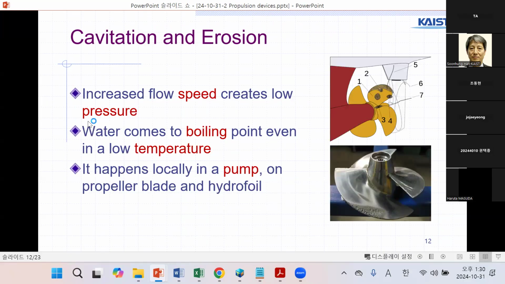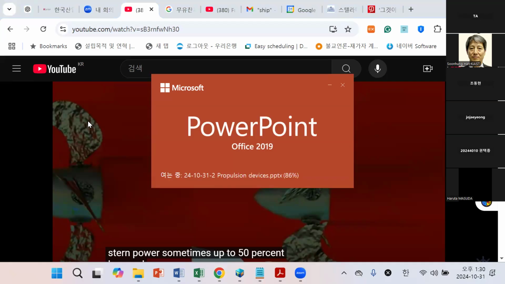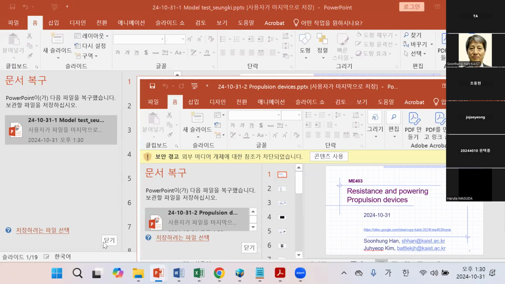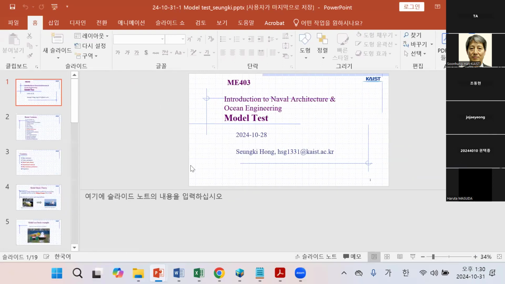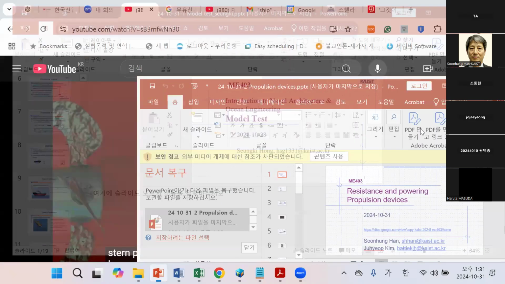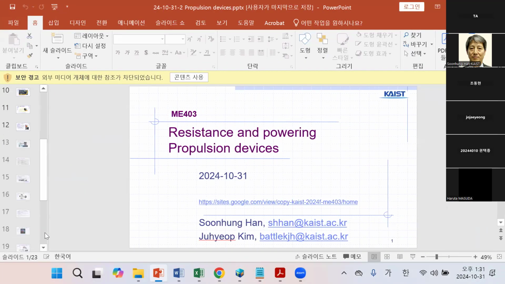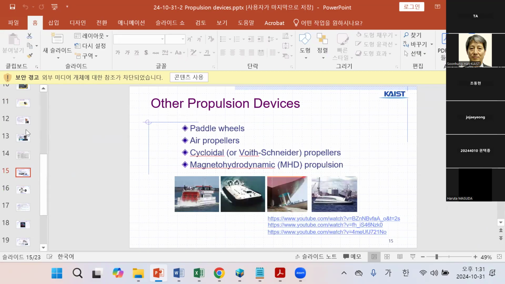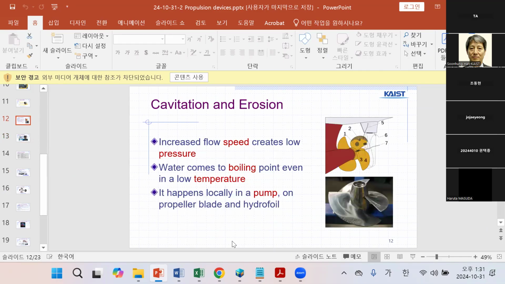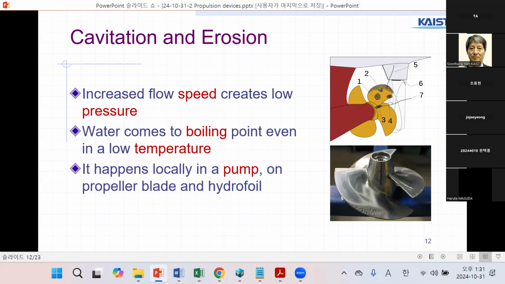Cavitation and erosion. At some speed, when the speed is high, the pressure at the surface of the blade is low, maybe behind it is low, right?